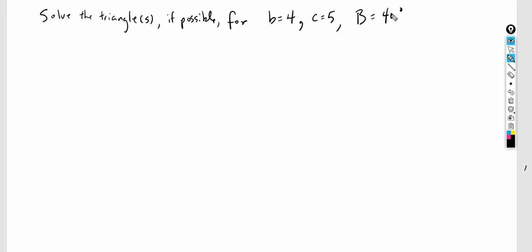Okay, so since we're given both pieces of information for B, the angle and the side, we're going to use this form of the law of sines, and we have partial information for C. Okay, and so that's the form that we're going to use.